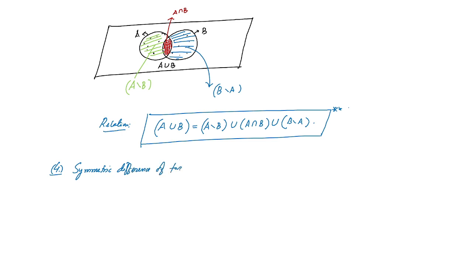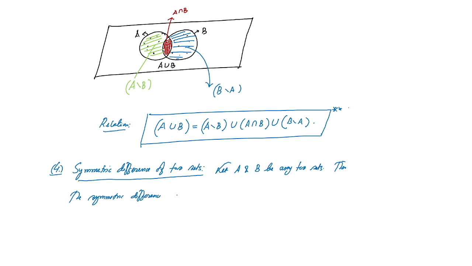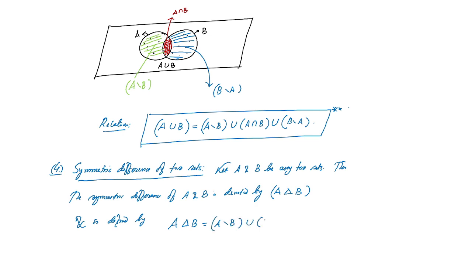Let A and B be any two sets, then the symmetric difference is denoted by a symmetric symbol like a triangle, symmetric difference of A and B, and is defined by A symmetric difference B. This is basically A minus B union B minus A.